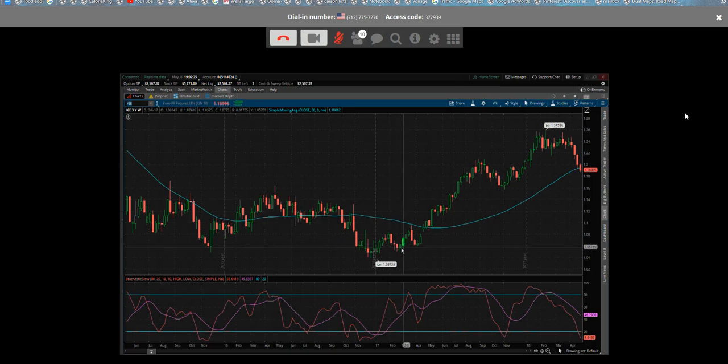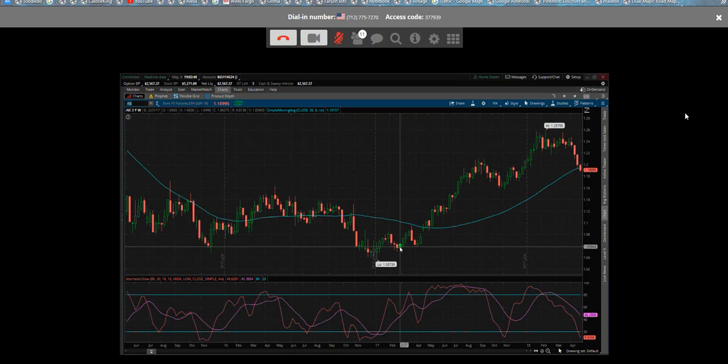We come down to here, and there's the lowest point of number 2. So that's 1, 2, and the low there is 498. So you take 844 minus 498, that's 346 points.